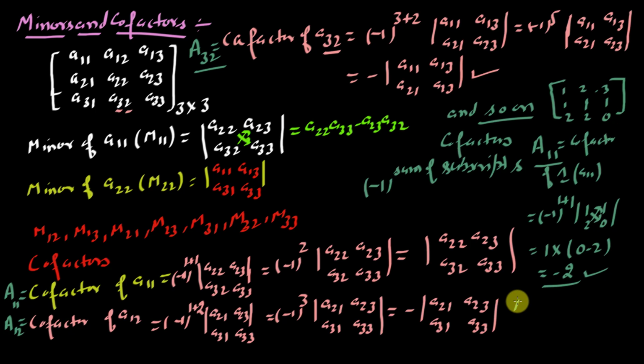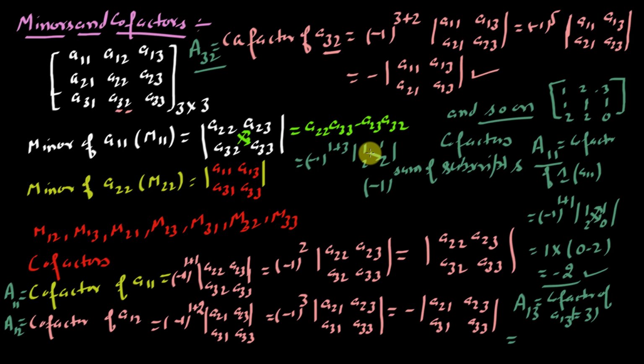So A13 is equal to 3. The cofactor of A13 will be minus 1 raised to the power of the sum of subscripts, 1 plus 3, and here the determinant. 3 falls in the first row and third column, so the rest are 1, 1, 2, 2.